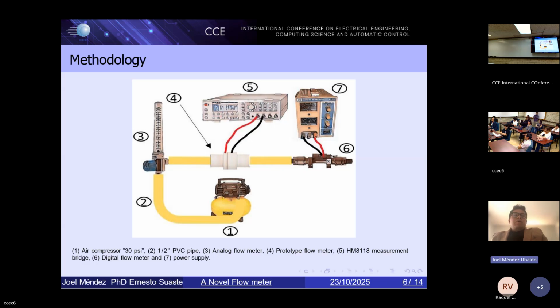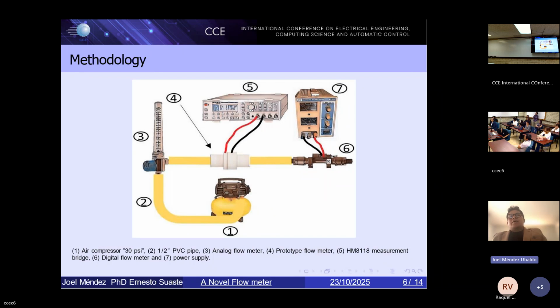Well, in this image, you can see the installation. The equipment consists of, first, an air compressor that sends air, and the second element is a half-inch PVC pipe. And third, you can see the analog flow meter.